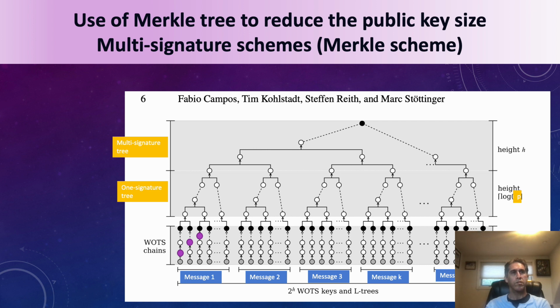Your signature would be all of this, hashed all the way to the top: hash these two to get this one, hash these two to get this one, and so on. At the top, you will have only this.